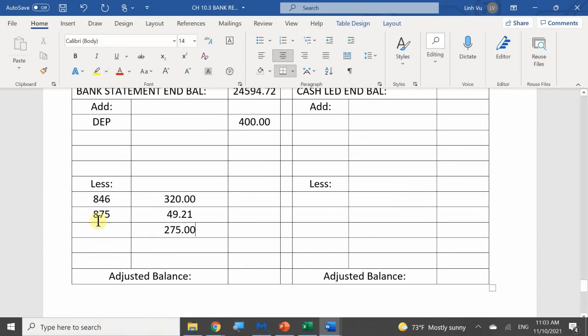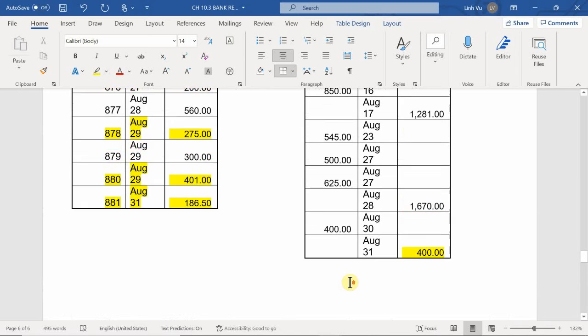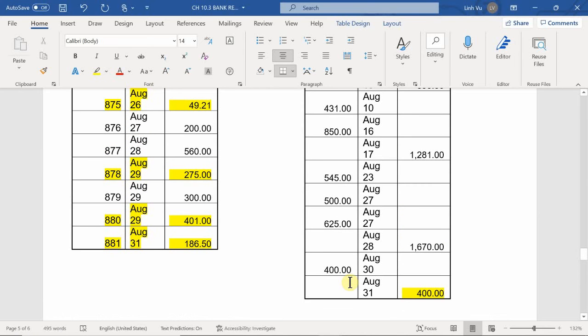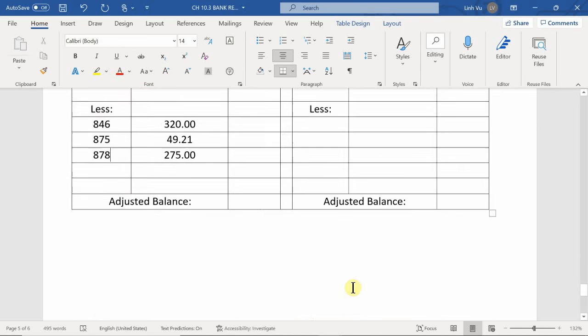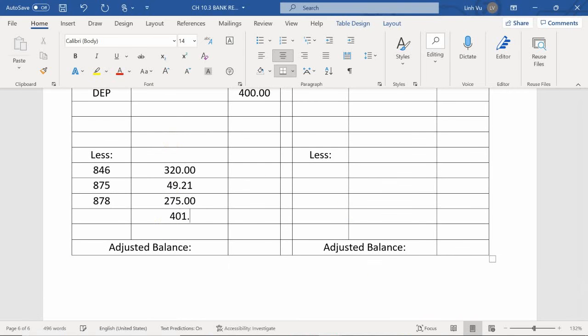We also have check number 880 for $401 and check number 881 for $186.50. So how much in grand total?